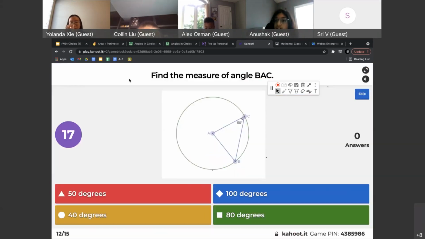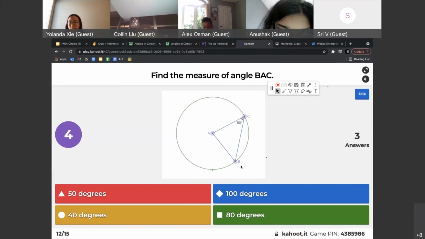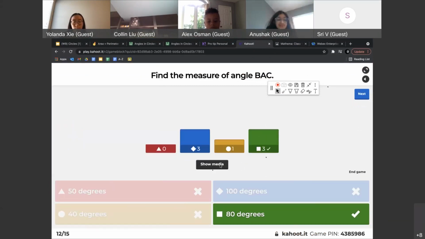Find the measure of angle BAC. Oh my god, I just realized I could zoom in. Doug!